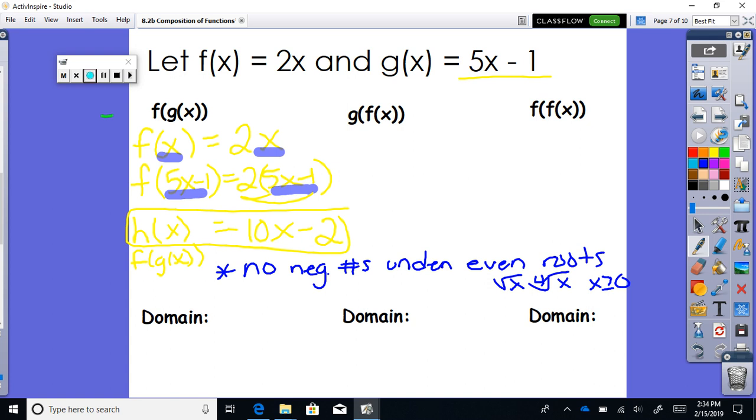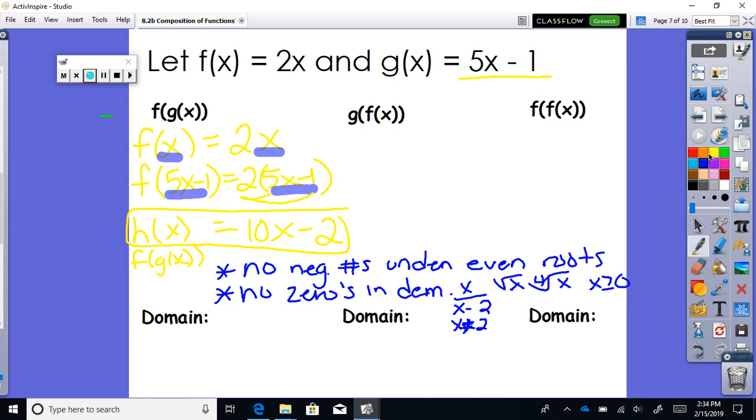Also remember that you cannot have any zeros in the denominator. So if you had x over x minus 2, then x cannot equal 2 because that would give you a 0 in your denominator. So those are our two restrictions.